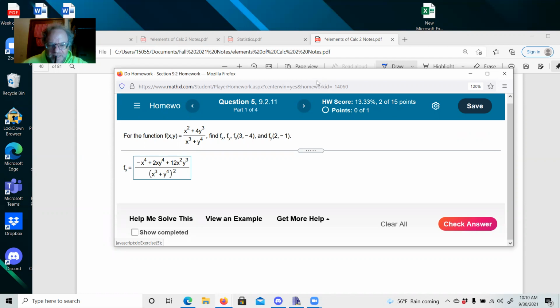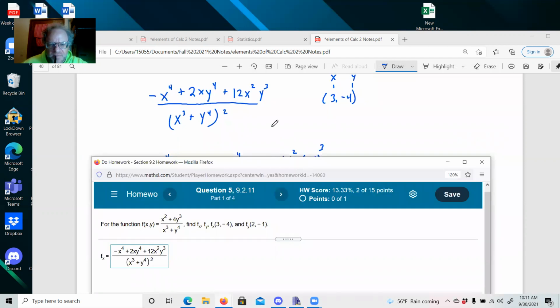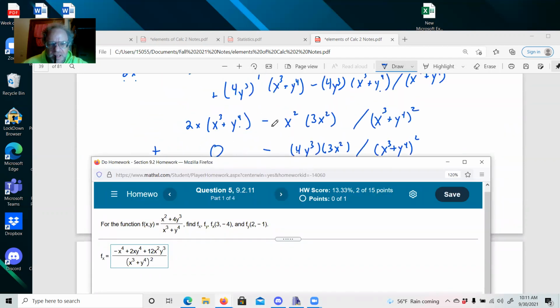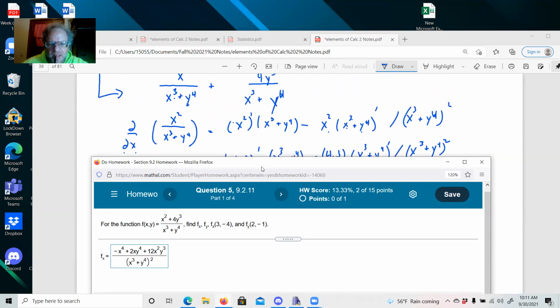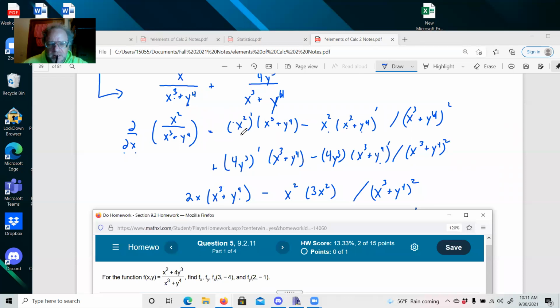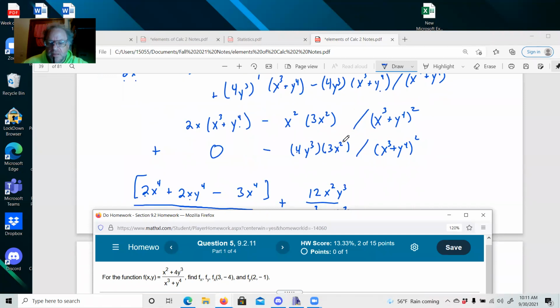I don't think I did. This is an x squared at the top, right? No, we did. We got it right. 2x. This thing minus x squared. That's going. We have that. 0. We have 3x squared.